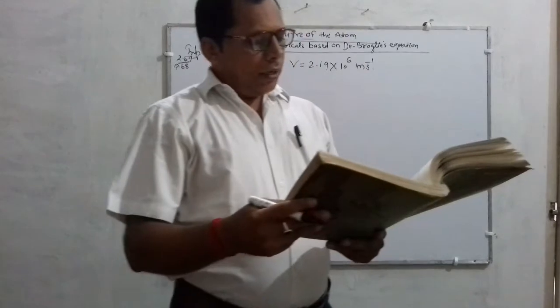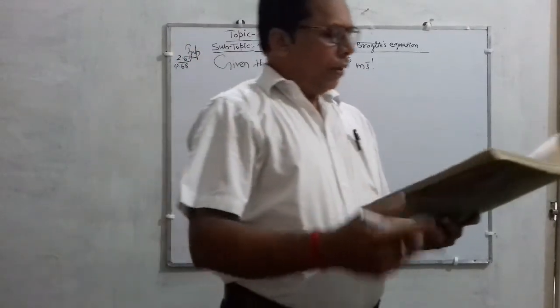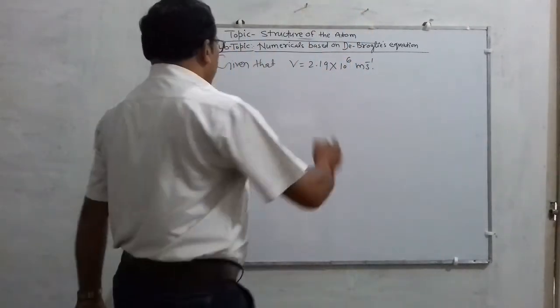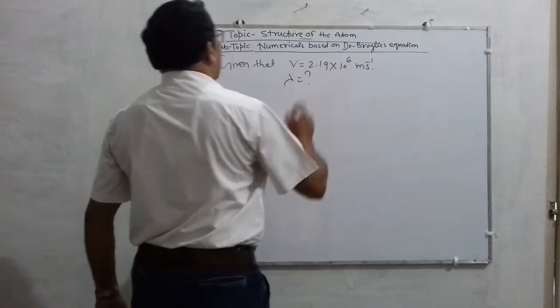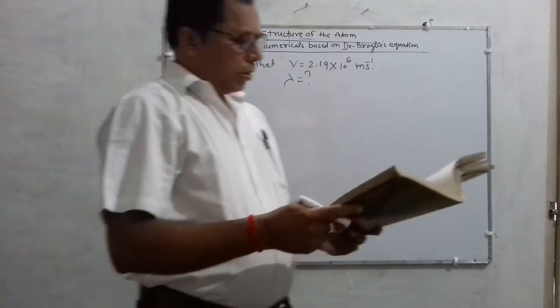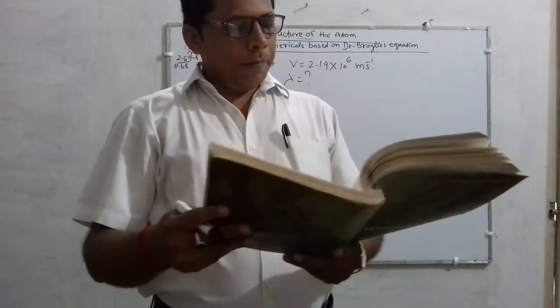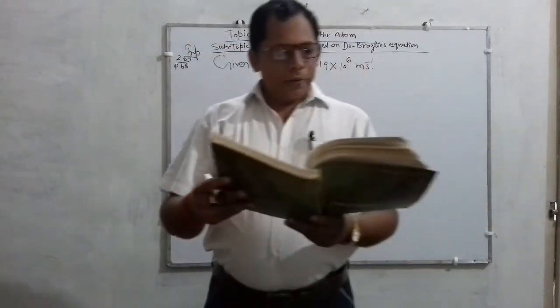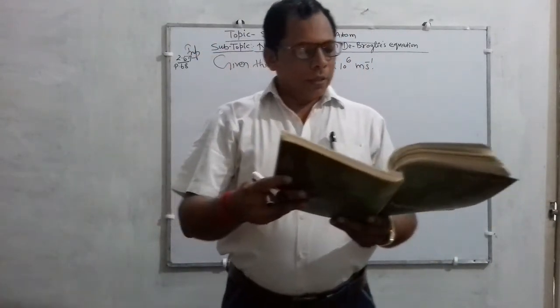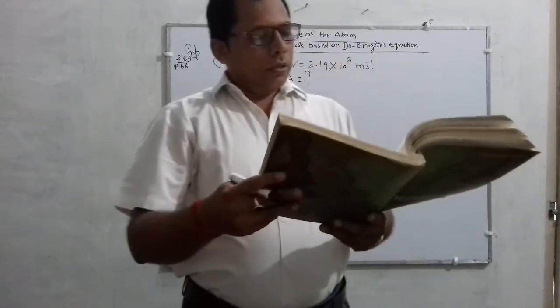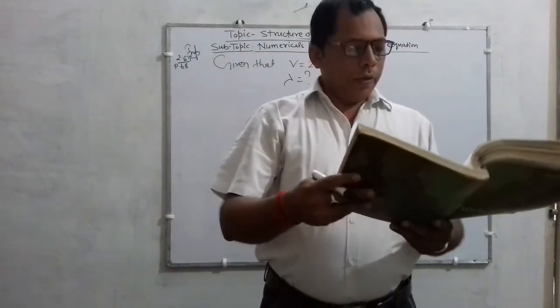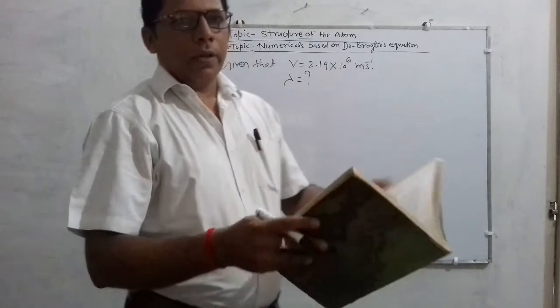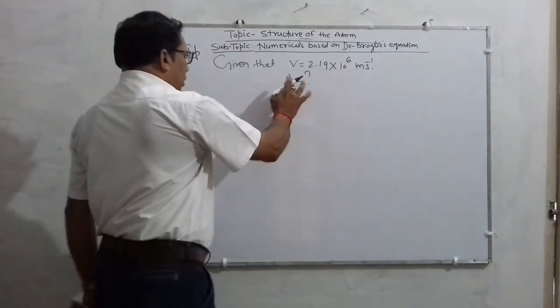Then calculate the de Broglie wavelength associated with it. The question is, if the velocity of the electron in Bohr's orbit is this one, then calculate the de Broglie wavelength. So you have to find lambda.